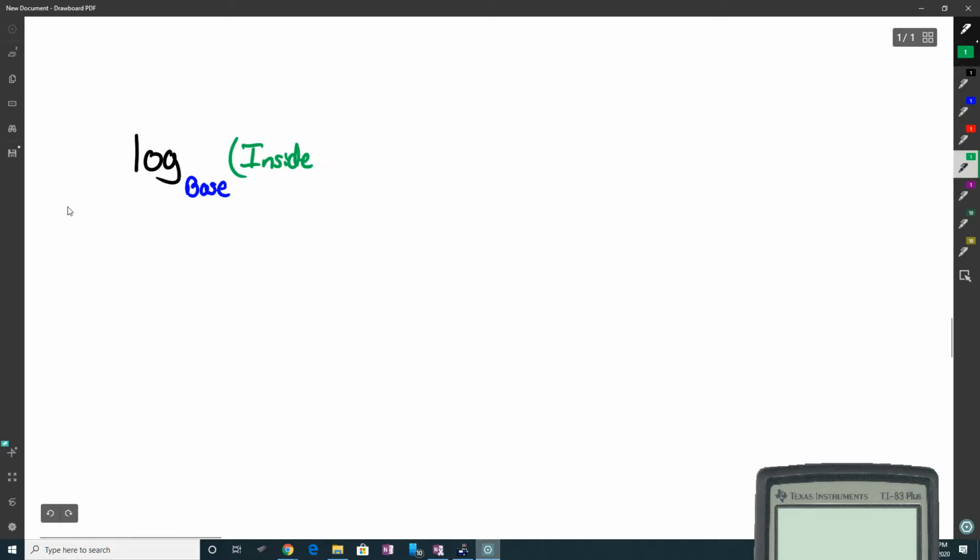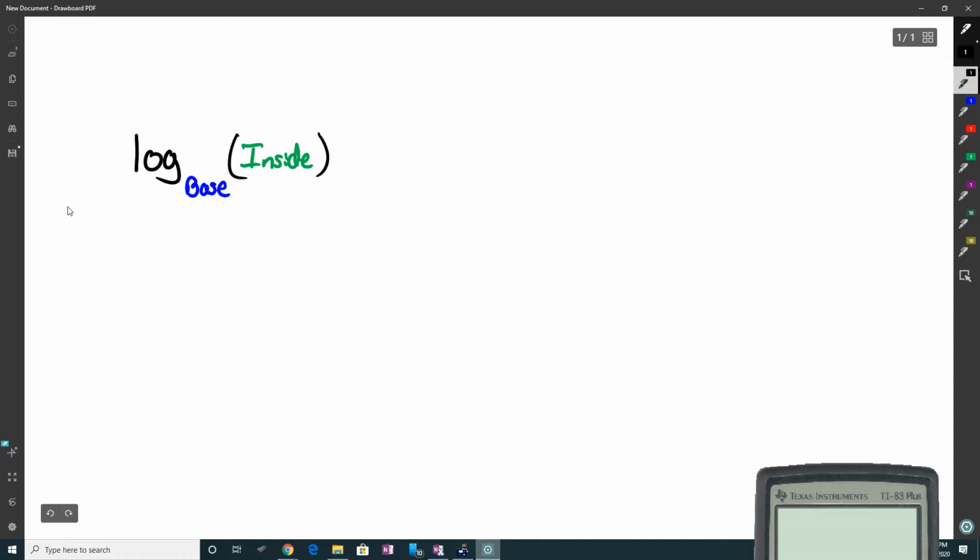So let's say you have a log, and you want to figure out what the answer is. Well, again, our brains don't really work in terms of logs. Our brains work in terms of exponentials. So whenever someone reads a log, they don't actually do the log in their head. What they do is they convert it to an exponential in their brain.